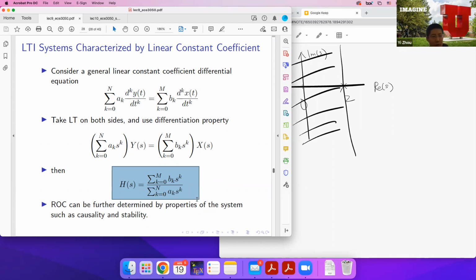When we talk about the Laplace transform, the ROC is always the most important thing. So how do we figure out the region of convergence? It can be determined based on the properties of the system, so you need to look into the context of the problem. If we are talking about a causal and stable system, then those conditions impose some conditions on the ROC, and from there you can figure out the region of convergence.